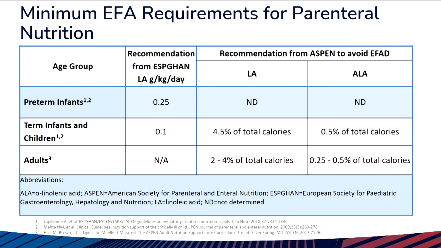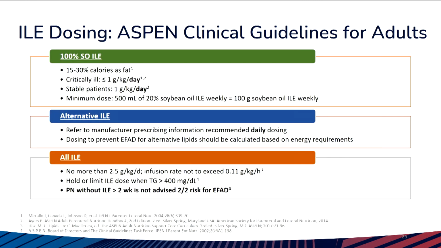So again, that lends to the confusion, but at least with the term infants, children, and adults, we go with the ASPEN recommendations for minimum needs to prevent EFAD. For your preterm infants, it would be best to contact the manufacturer of whatever lipid product you're using to see what their recommendations are, if they have any dosing for lower end to prevent EFAD.